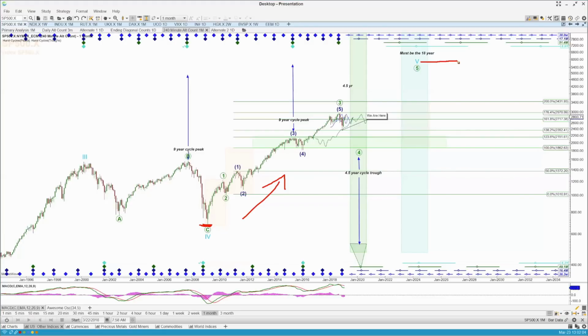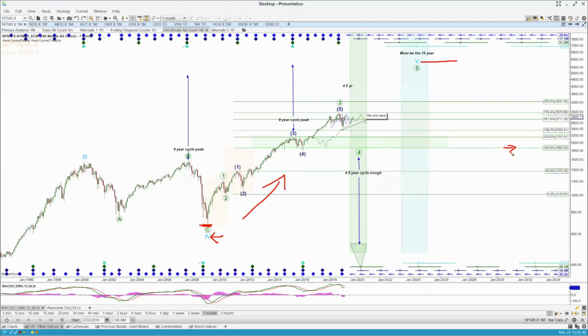There's a degree of debate, but once we get to the next major high, which will be at least 3,400 in the S&P 500, possibly higher, I think that represents, at the next fractal up, a super cycle degree wave 3, and therefore we're going to get a super cycle degree wave 4 that can come as low as the March 2009 low again. I would certainly expect it to come back to the 1800 to 1850 level in the S&P 500.